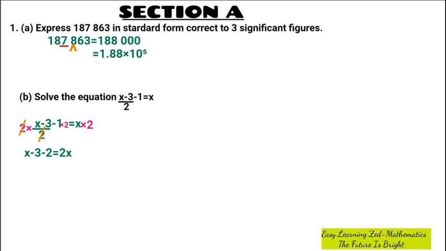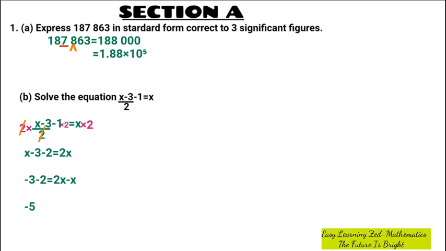Okay, so that means it will leave us with negative 3 minus 2 on the left side, which is equal to 2x. Then since the x has crossed the equal sign, it's going to become a negative, so it's going to be minus x. Then I'm going to evaluate negative 3 minus 2, which is negative 5.